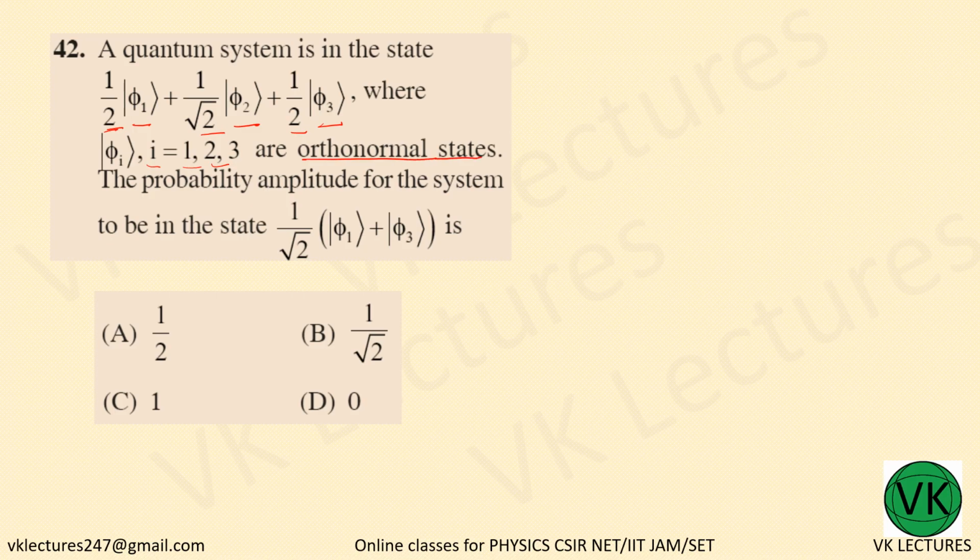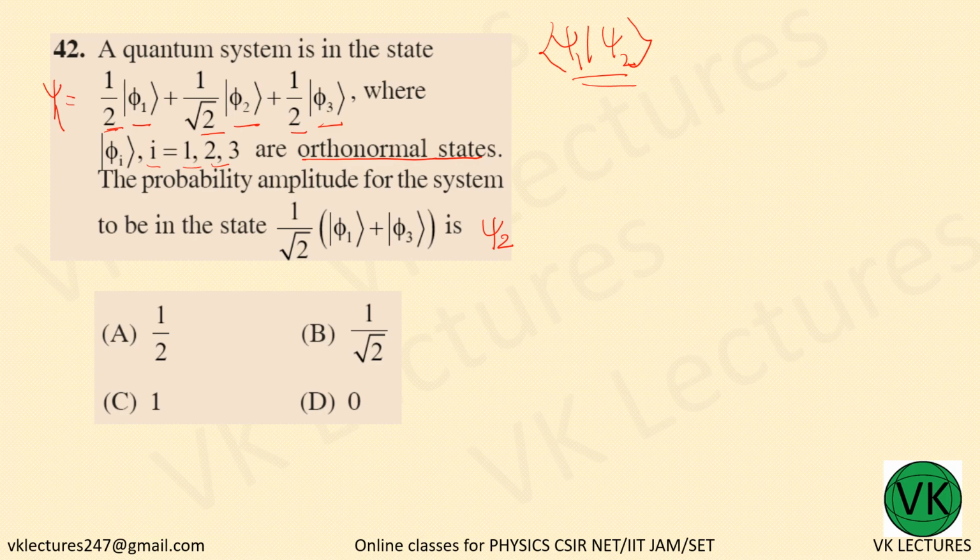The probability amplitude for the system to be in state. The probability amplitude is nothing but psi mod psi, or psi 1 mod psi 2. Now this is your wave function psi, and this is your another wave function, let me call it psi 2. Probability amplitude means this one.